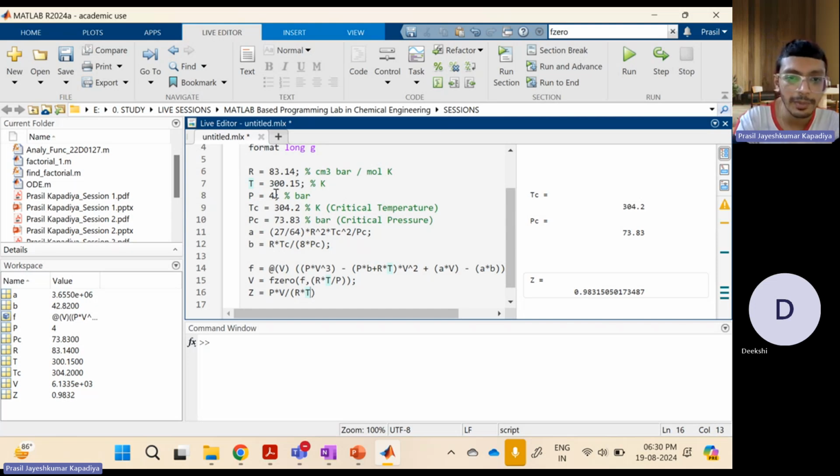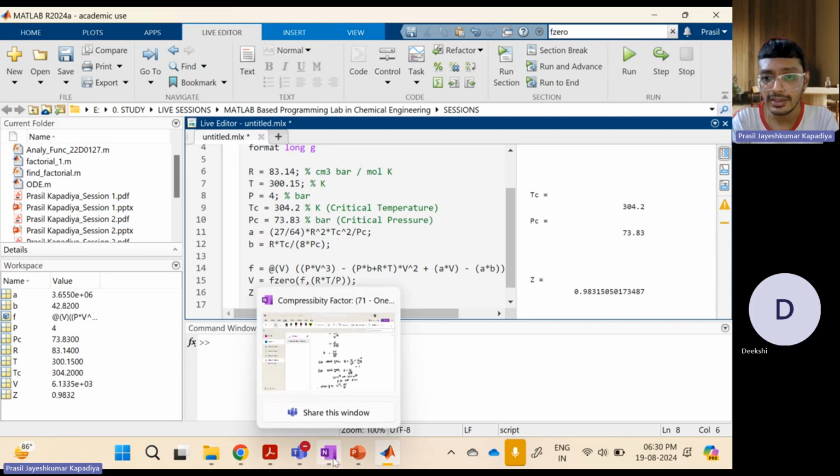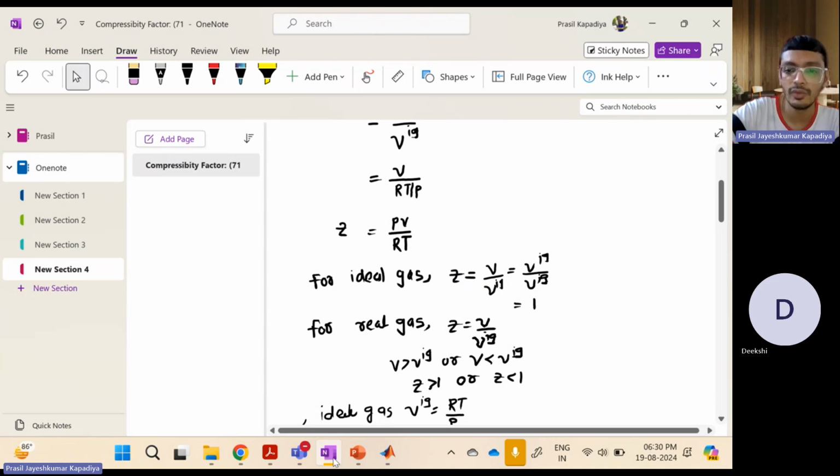Let's try to reduce our pressure from 4 to 3 and see what is happening. It is 0.9874. See, let's do one thing. First at P is equal to 4, the value of Z was nothing but 0.9831. Let's write it down here.